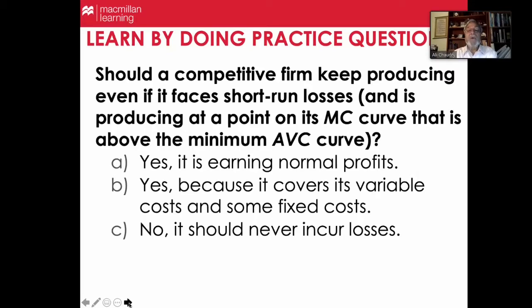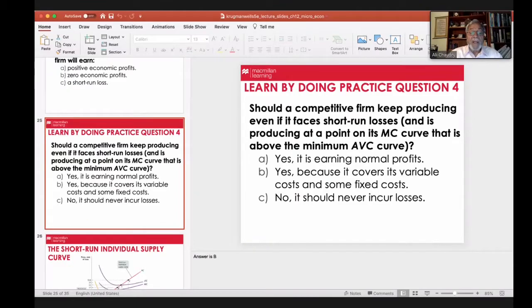Okay, so our rule is that you can face some short-run losses, but as long as you're covering your average variable cost, you should be able to stay in business, right? So in this case, what's the right answer?